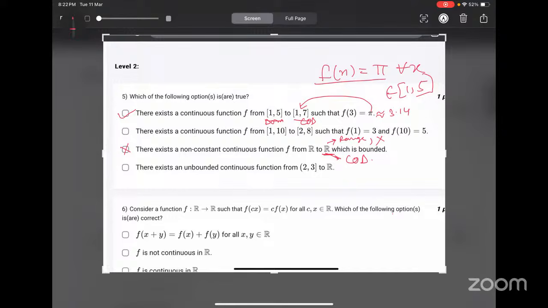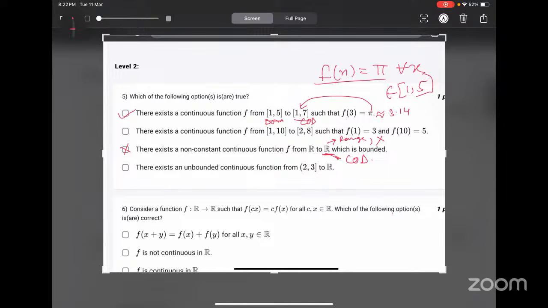Ma'am, in any question, if it is given f is from R to R, it means it is given that domain is real and codomain is real. Yes. Then how can we say that it is range or codomain?